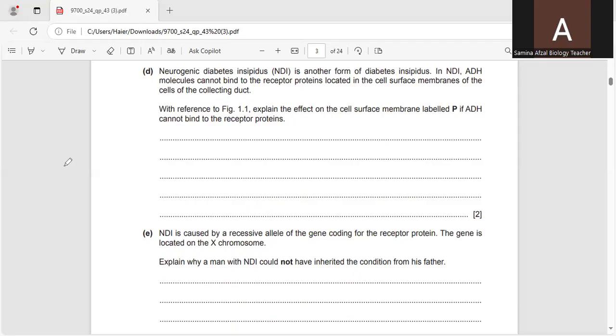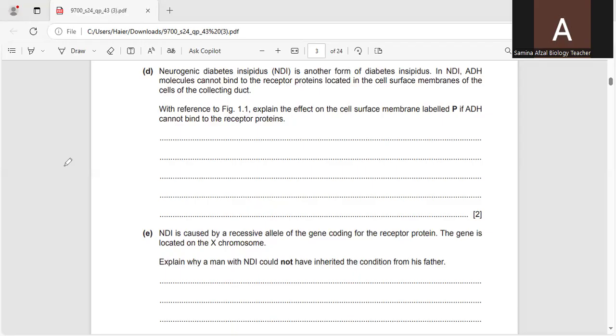Okay. And students, we already explained this: ADH is released when there is dehydration or low water potential in the blood.